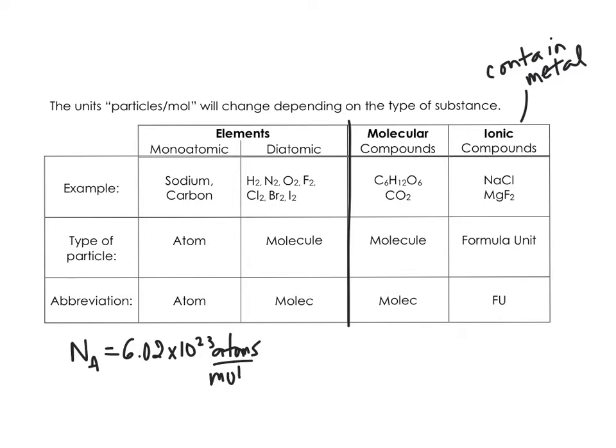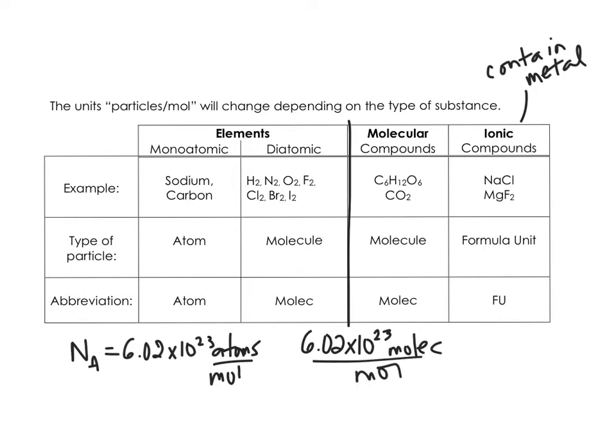So molecular, these are covalently bonded compounds. The type of particle is a molecule. So again, the units are molec. So Avogadro's number is 6.02 times 10 to the 23rd molec per mole.